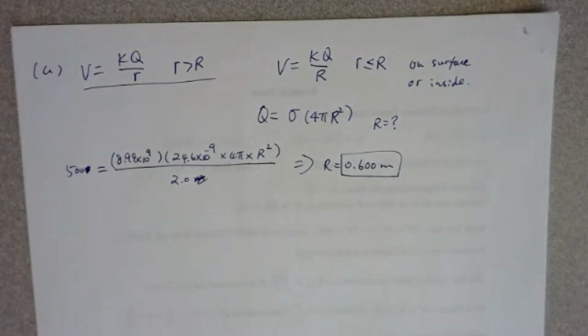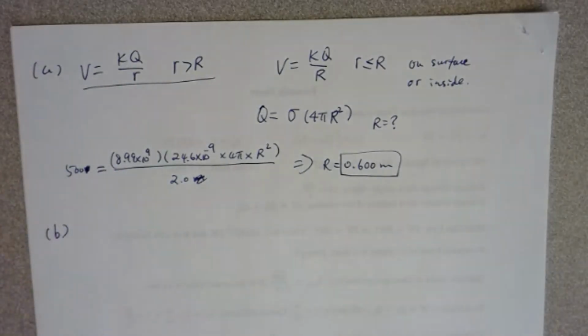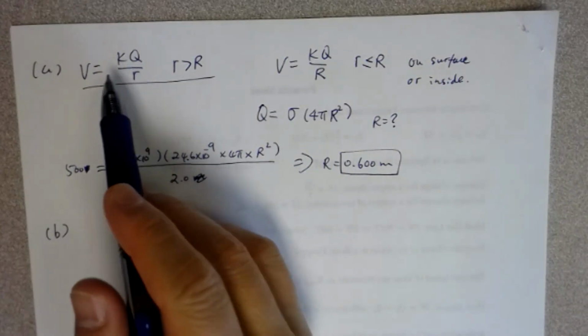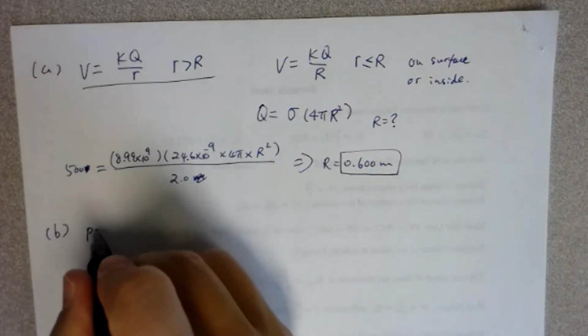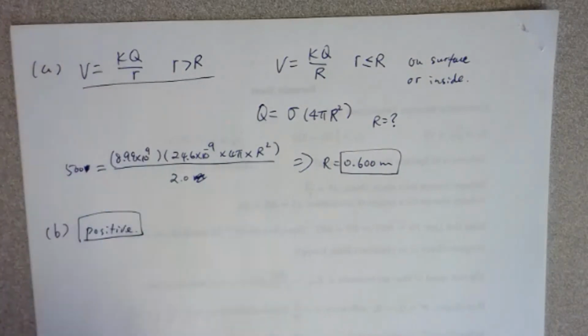And now it's asking what's the sign of the charge on the sphere. Okay, so the charge of the sphere. Now, because V is equal to KQ over r, right? And V is positive. So that looks like Q is going to be positive. So we actually don't end up using the 250 for the electric field.